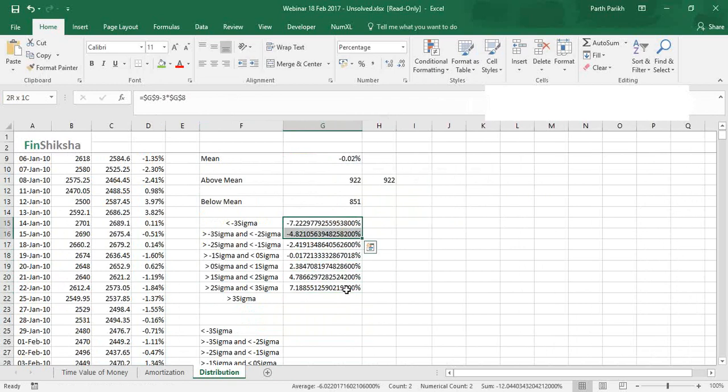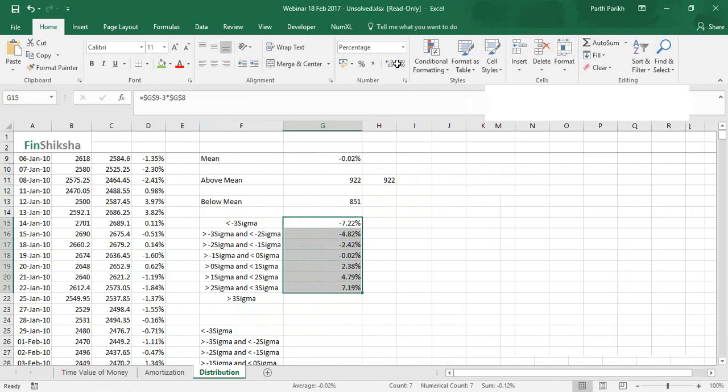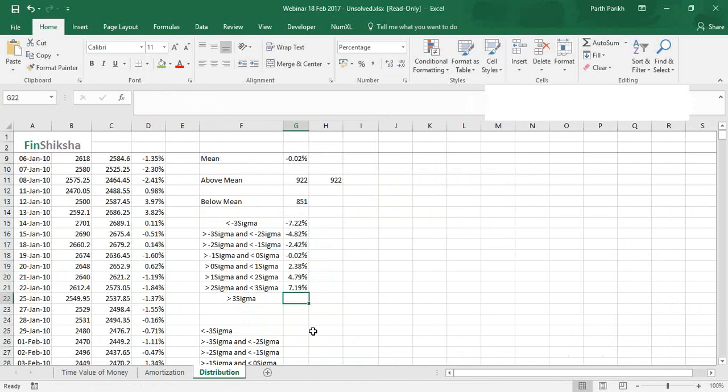We will convert this into 2 decimal digits. Okay, we have converted this to 2 decimal digits. The last one is missing, which is above my 3 sigma.